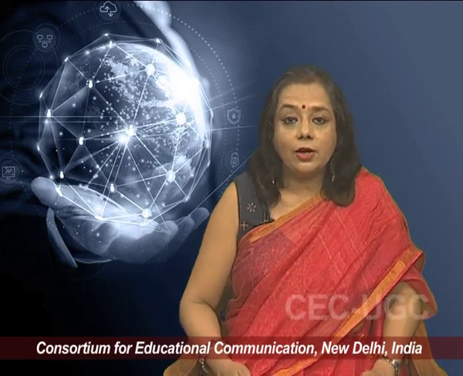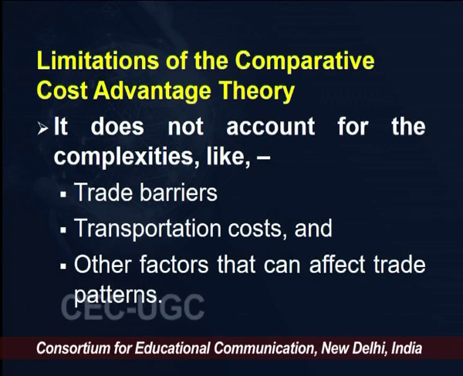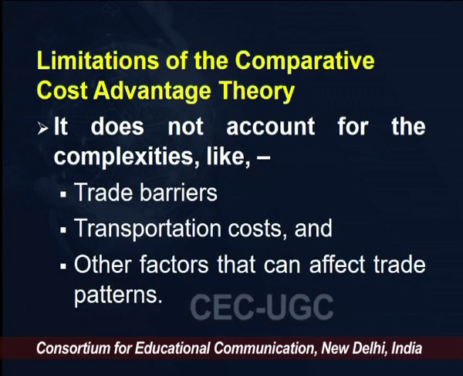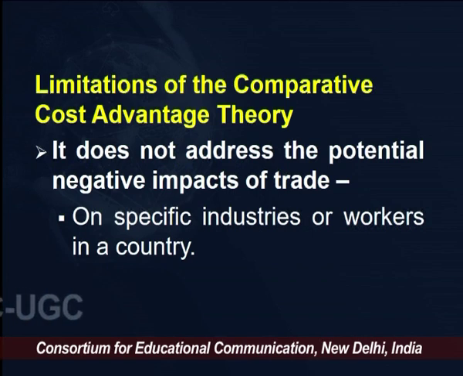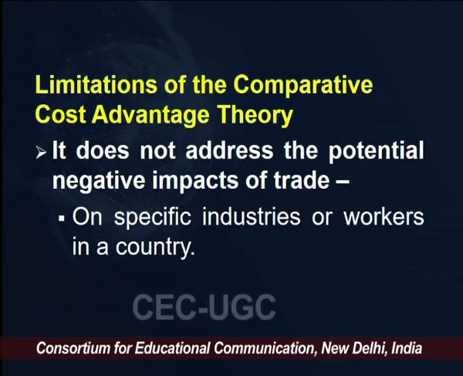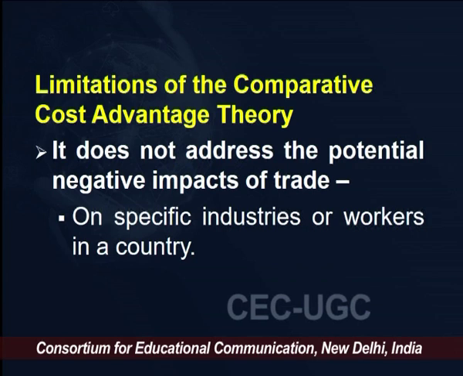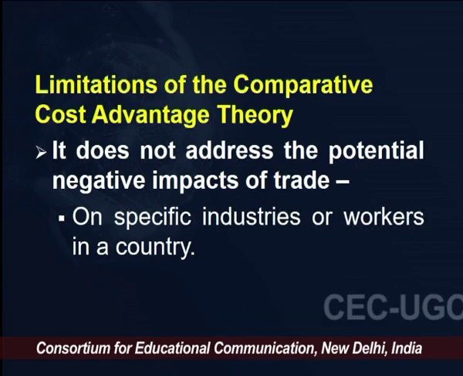All these are unrealistic assumptions, and these are the limitations of comparative cost advantage theory. Also, it does not account for the complexities like trade barriers, transportation cost, and other factors that can affect trade patterns. It does not address the potential negative impact of trade on specific industries or workers in a country. So, these are the limitations.